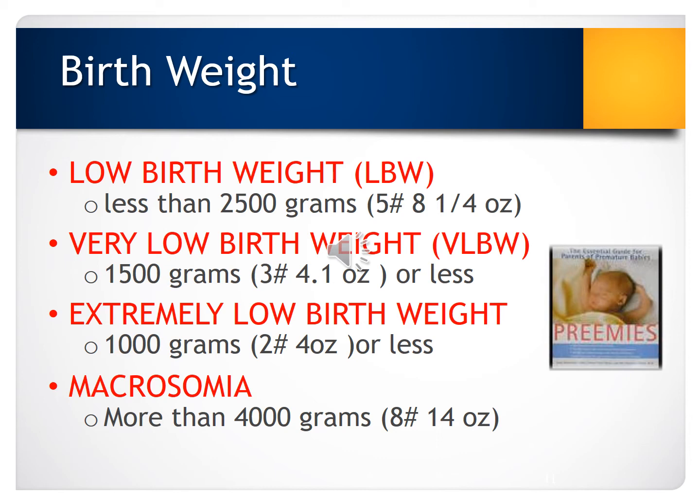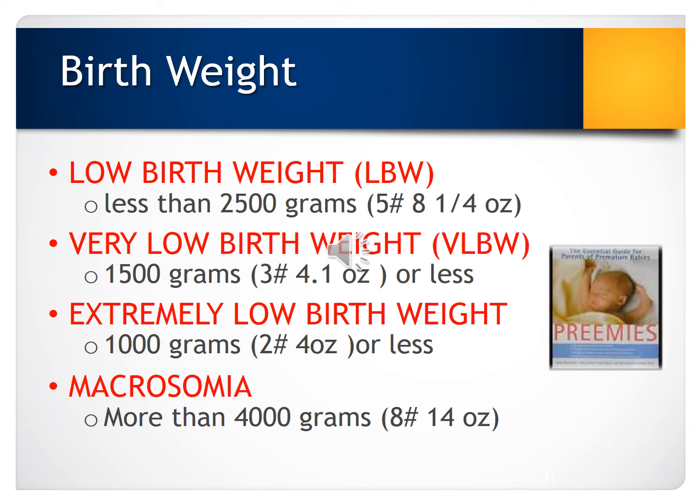Low birth weight, very low birth weight, and extremely low birth weight are usually babies who are preterm. If there was some intrauterine growth restriction, these babies may be low birth weight even at term. On the other end, macrosomia, which we talked about, is more than 4,000 grams, and I have the pounds in parentheses.